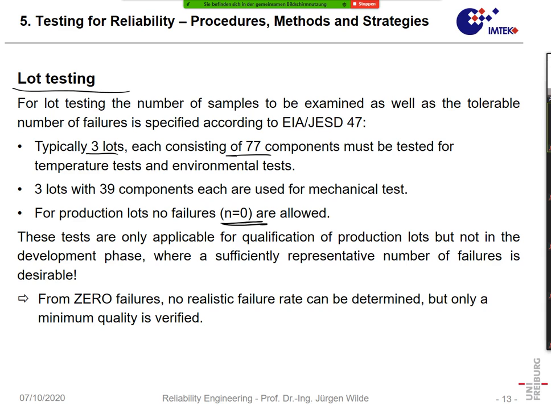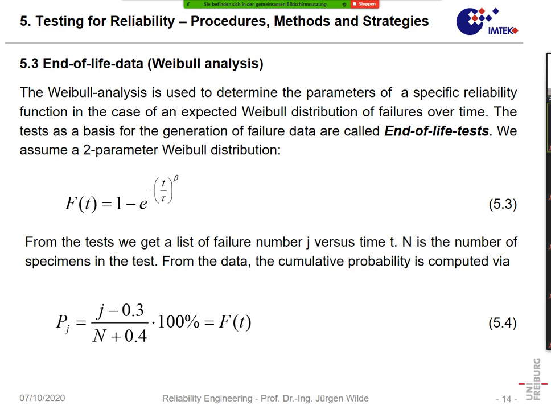We must take from time to time such lots with 77 specimens or devices, and here when we test, no failures are allowed. Again, with 0 failures, no realistic failure rate can be determined. We can only assume we are better than something.